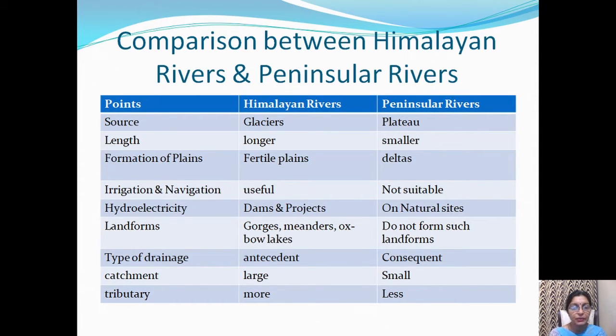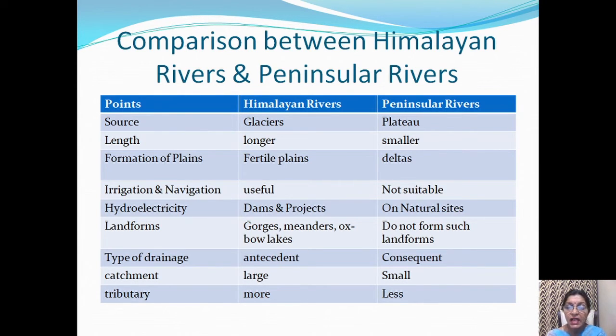I have written a few points, on the basis of which we can easily differentiate between these two kinds of river systems of India. Himalayan rivers have their source in glaciers and peninsular rivers in plateaus.